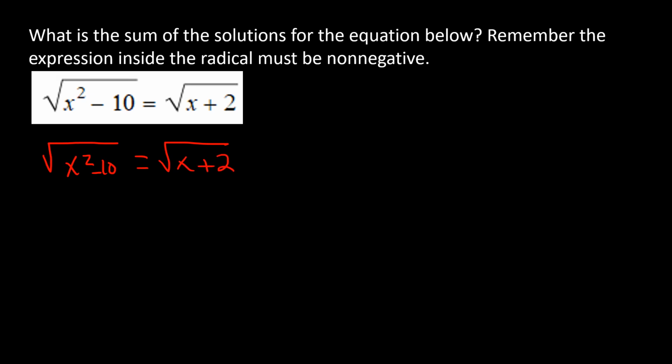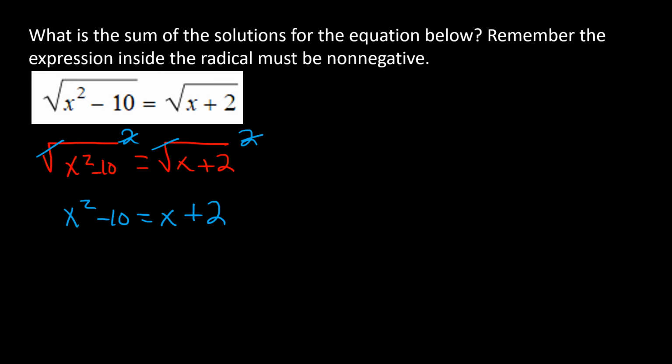Well, if I want to solve this, the first thing I want to do is get rid of these square roots, right? To do that, we just need to square both sides. And we can do that because whatever we do to one side, we can do to the other. So then we're left with x squared minus 10 equals x plus 2. I apologize, let me clean that up there. So then how do we solve this, right?